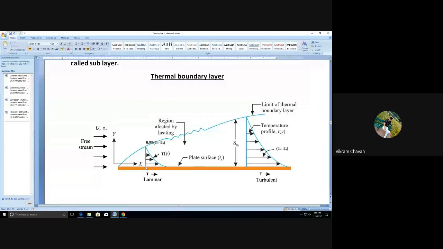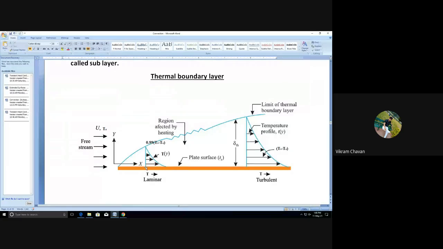Now here we are going to consider that the temperature of the plate is greater than the temperature of the fluid, so that heat will be transferred from the plate surface to the fluid.